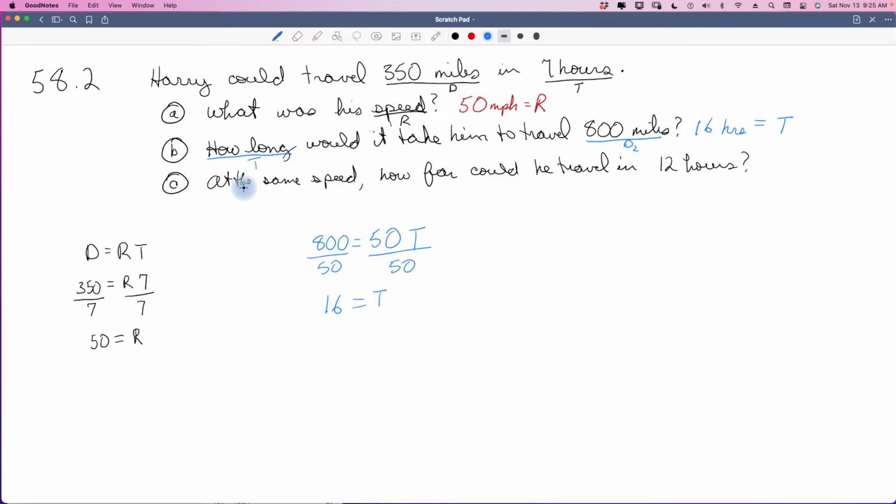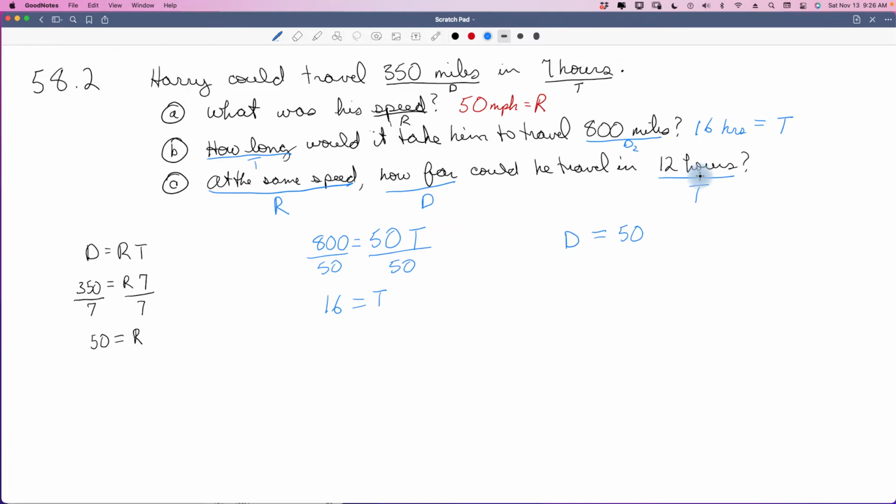Okay, so at the same speed, so 50 miles per hour, that's our rate. How far? That's going to be our distance. We don't know what the distance is in 12 hours, and that's our time. So we're going to do it again. This time our distance is our variable. So we put D here because we don't know what it is. Our rate, it's the same speed that we've been using, so it's 50.